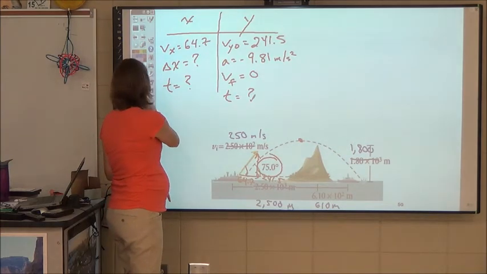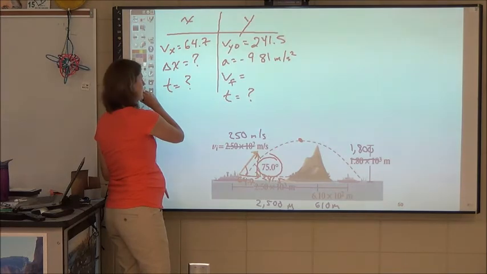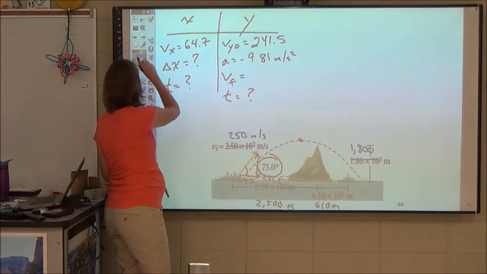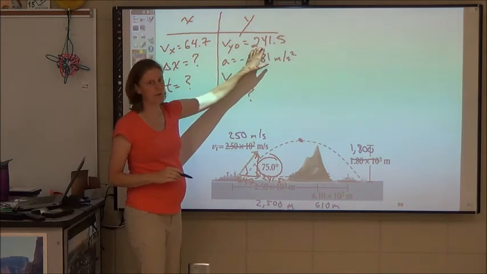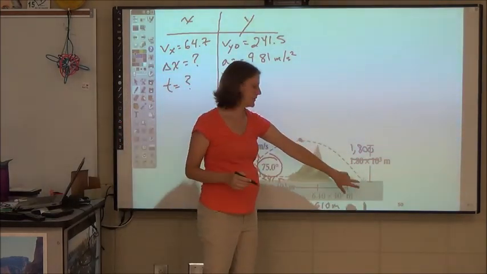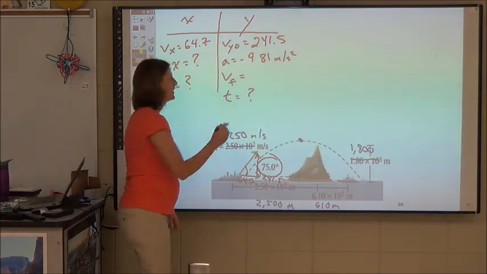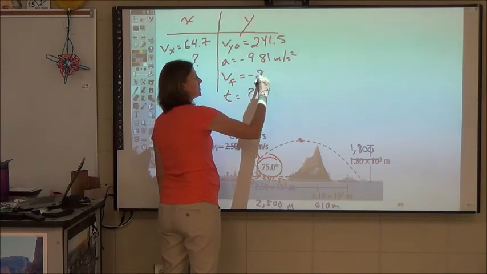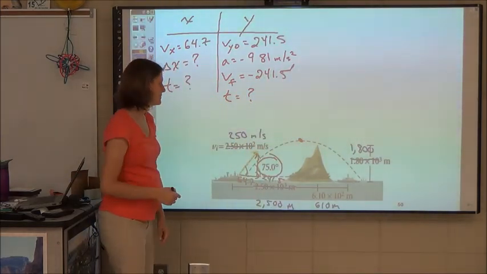So instead, I'm going to say the final velocity, I should have done Vy, is negative 241.5. As it is hitting the water, again, it's symmetrical. It's going to have the same velocity going down as it did originally going up. So the final velocity is negative 241.5 at the end of its flight.